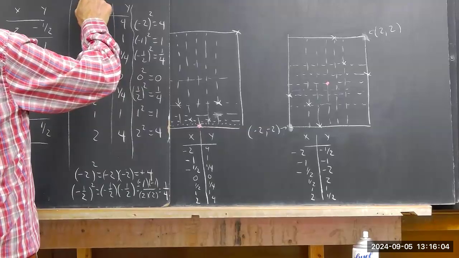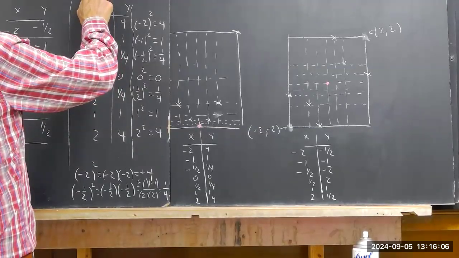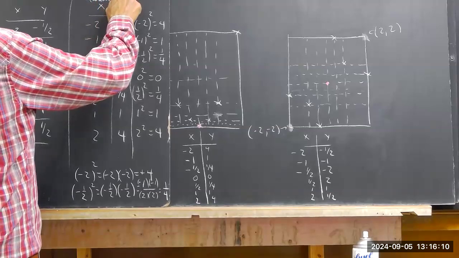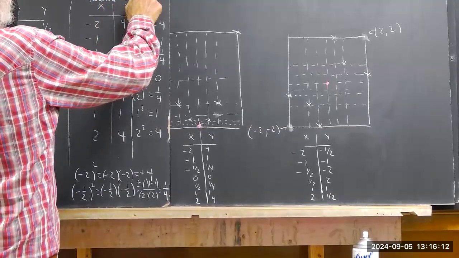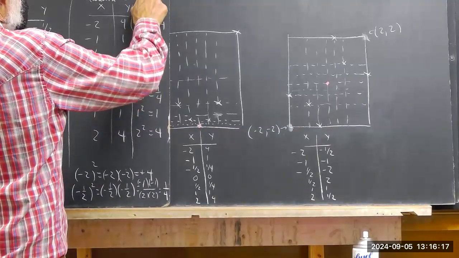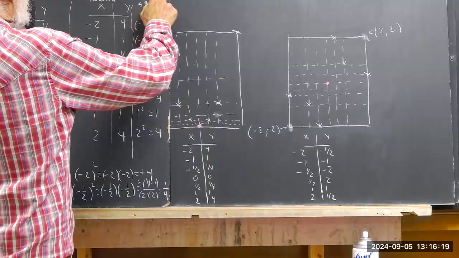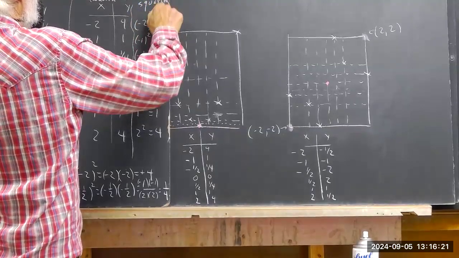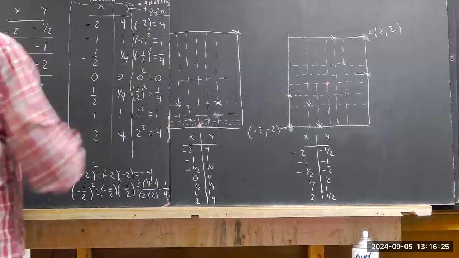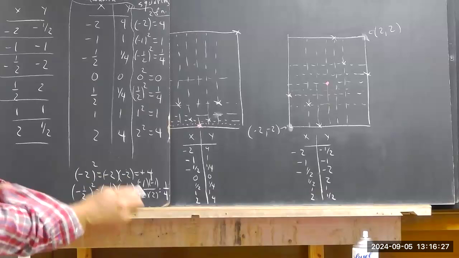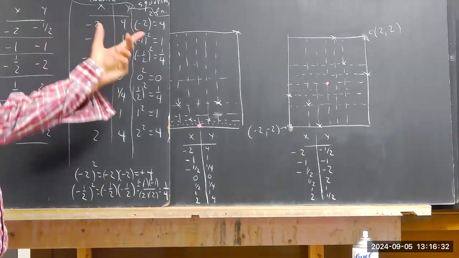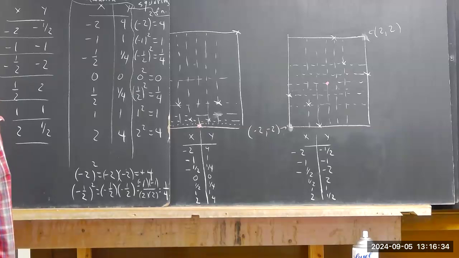So this is your quadratic, or squaring function. It's kind of small. We call it the squaring function because that's what it does to the x values.